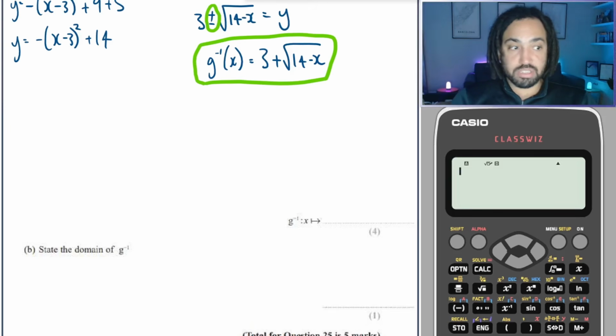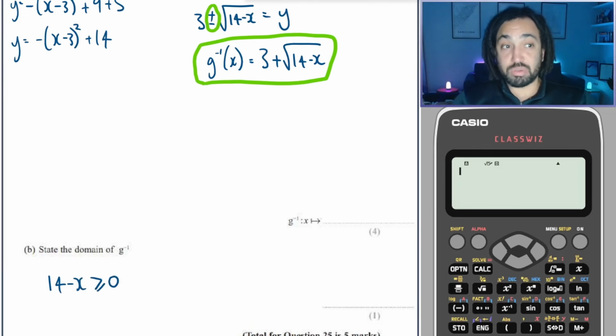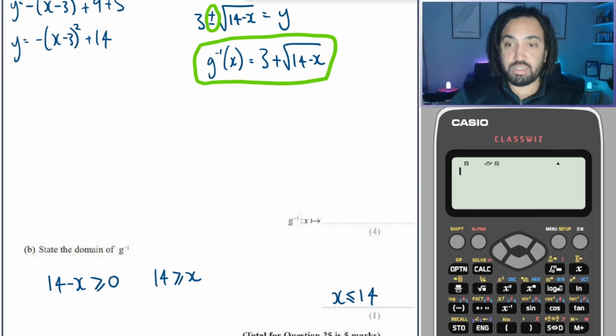So underneath that square root must be greater than or equal to 0, because it can be 0. We can square root 0, that's no problem. Okay, so let's solve this then. So that's 14 is less than or equal to x. And that's it. So x needs to be less than or equal to 14. Because once again, this square root sign underneath it cannot be negative. So we must set it equal to or greater than 0.